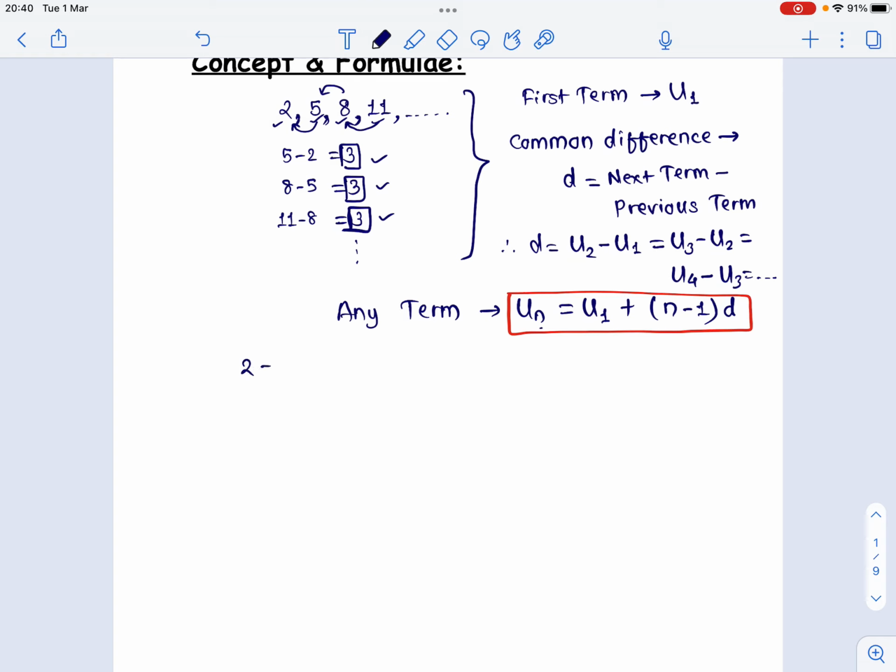For example, if I am writing 2 plus 5 plus 8 plus 11 plus ..., then this is called an arithmetic series. It is not necessary that it has to be positive, it can be negative also, where all terms are negative. Why arithmetic? Because again the difference is constant. And why series? Because the middle sign is positive or negative.